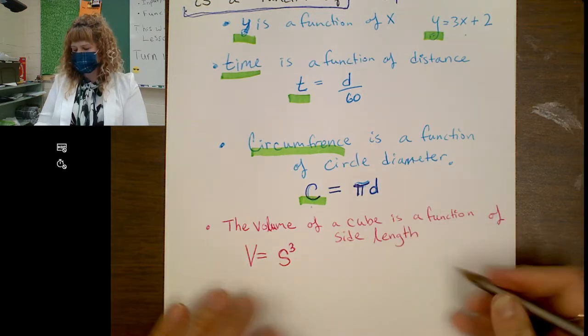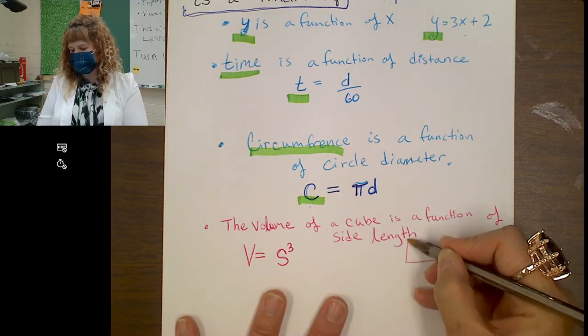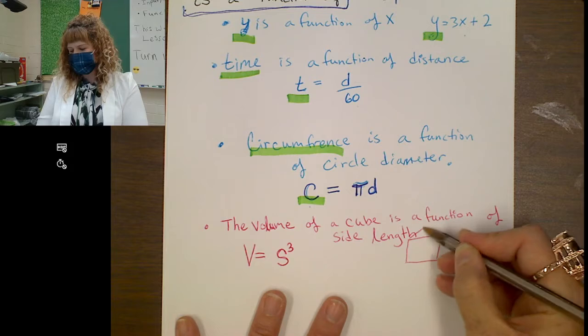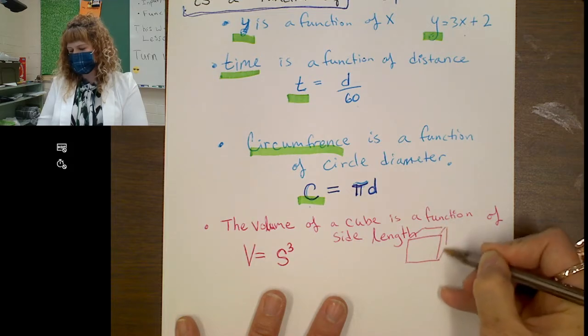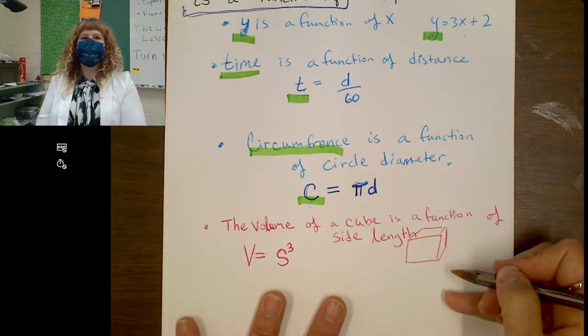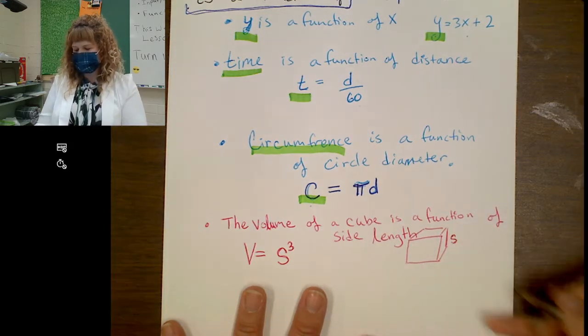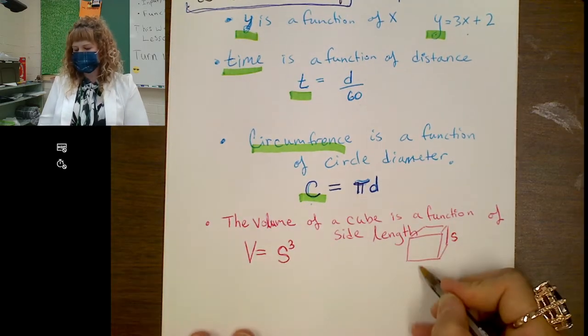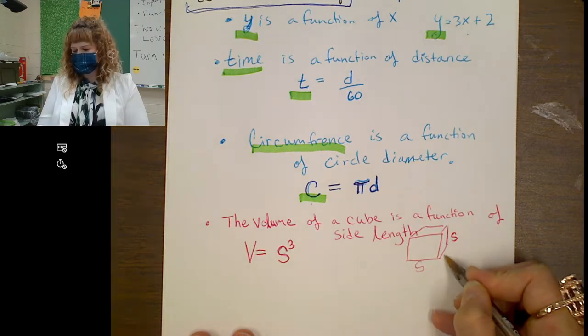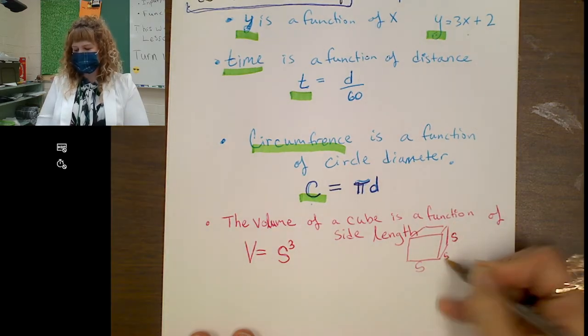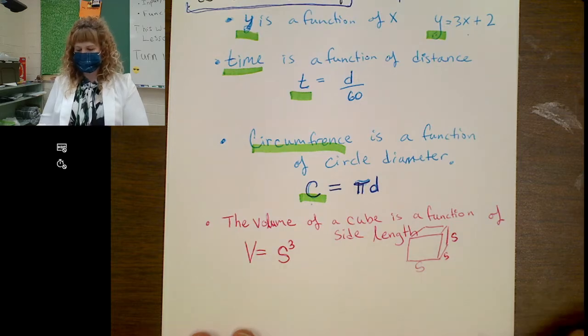And just in case it's been a while, let me draw a picture here of a cube. And you can remember that a cube has equal side lengths. And we're calling that S. So the volume is side length times side length times side length. And that's why we have S cubed.